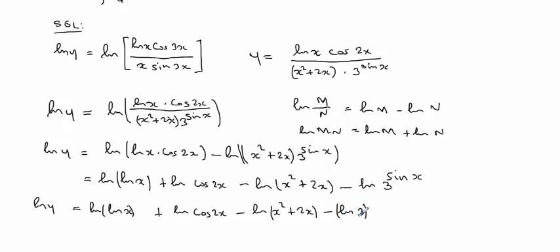Notice that this is a constant, ln 3 multiplied by sine x. Here we've used this property which says if you've got log m to the power p, this equals p log m. But because multiplication does not worry about the order, that's how I wrote it here.